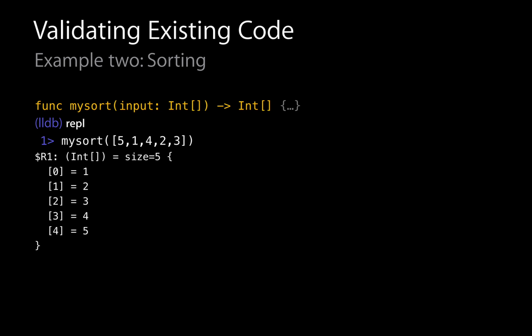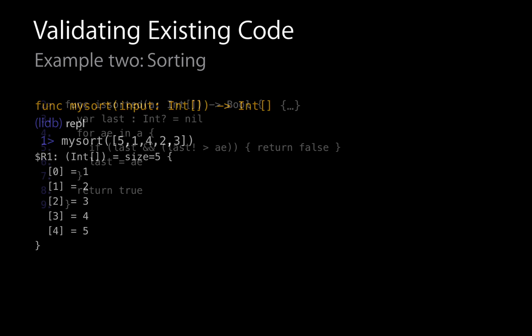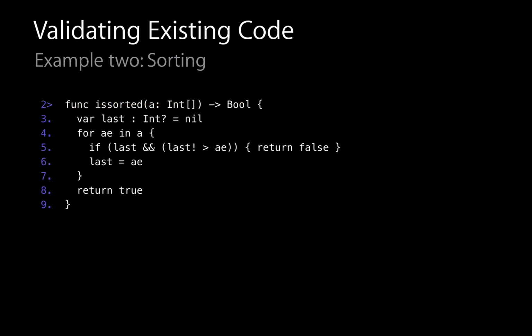But many of your real data structures aren't going to fit on a slide, and you can't easily eyeball them for correctness. Let's write a function that checks whether an array is sorted. In the REPL, we start defining a function called isSorted.